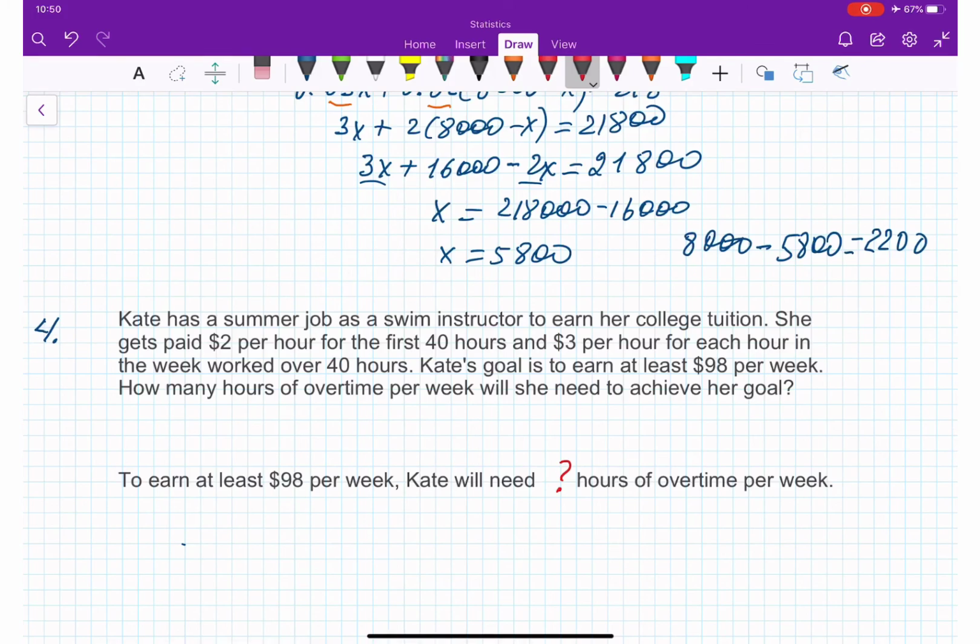Kate has a summer job as a swim instructor. To earn her college tuition, she gets paid $2 per hour for the first 40 hours.